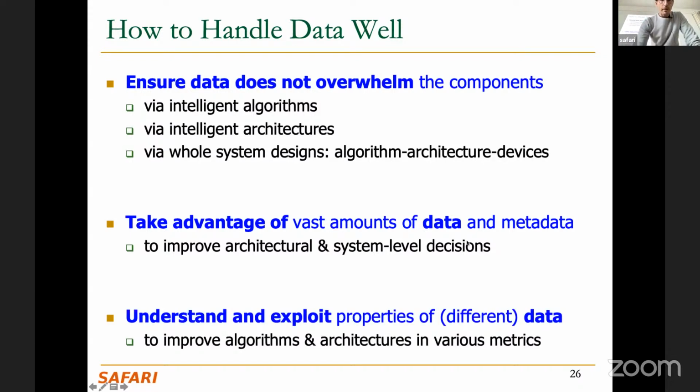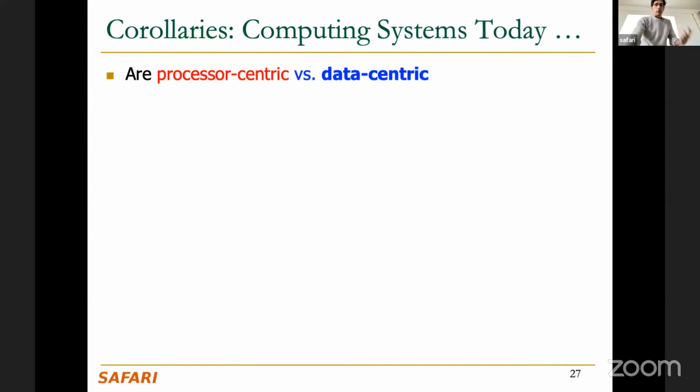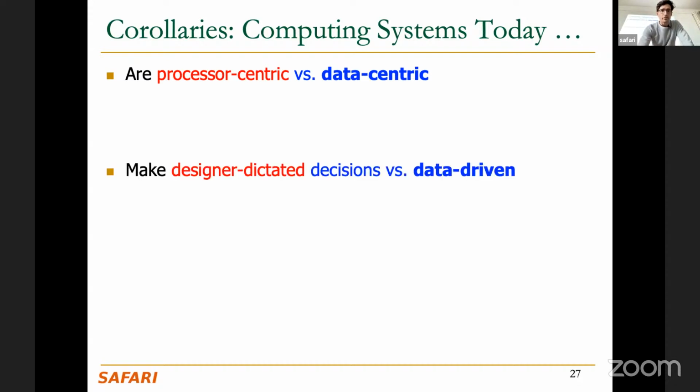But in order to do so, we need to understand and exploit the properties of different data to improve algorithms and architectures in various metrics. So, the problem with computing systems today is that they are processor-centric instead of being data-centric.